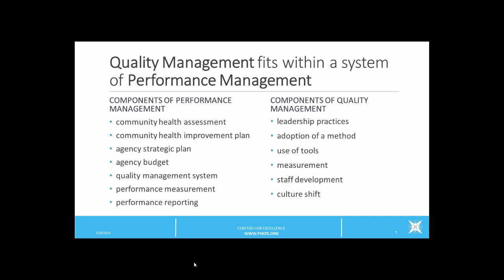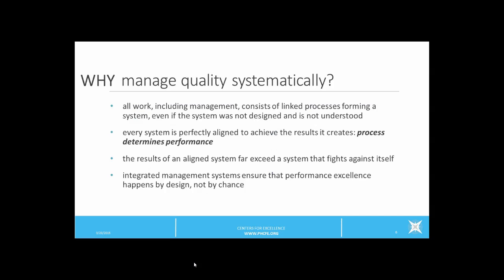Now let's look more closely at quality management. Why is it important to manage this system in a systematic way? Everything we do in public health, our policies, work processes, and infrastructure, links to the larger definition of the public health system. Even if we don't envision our work as a system, it is one.